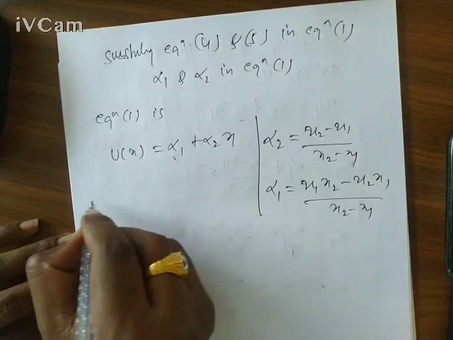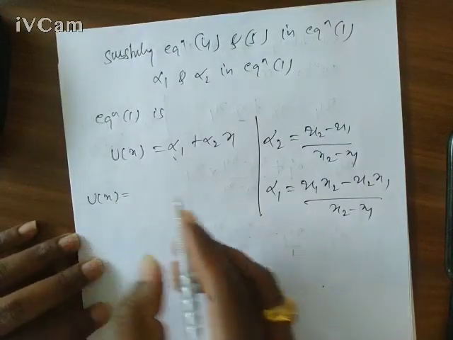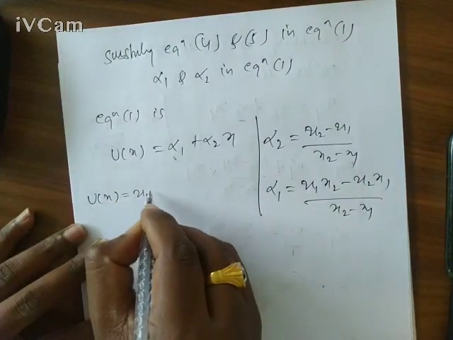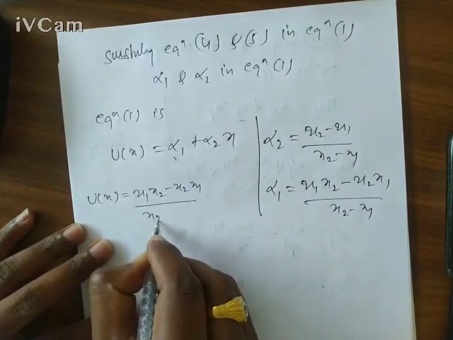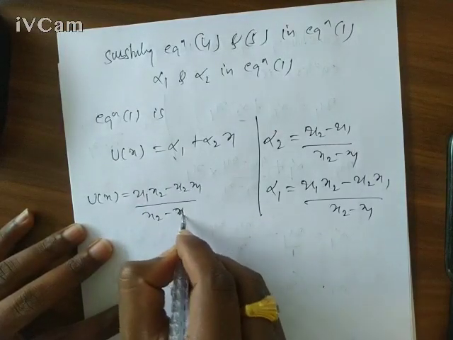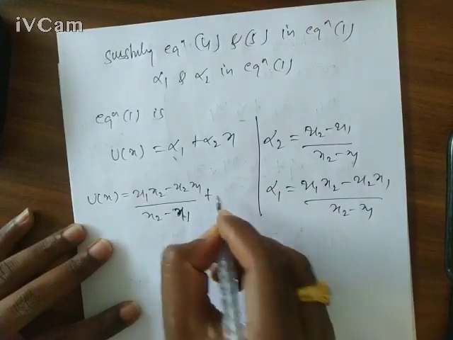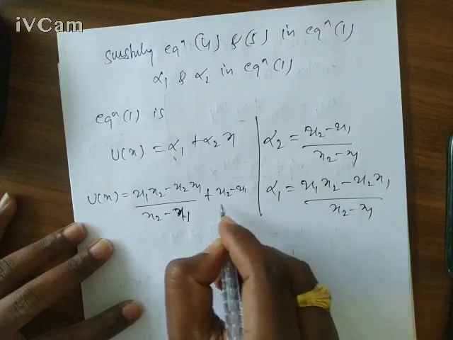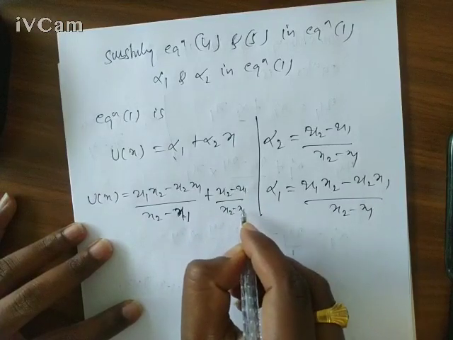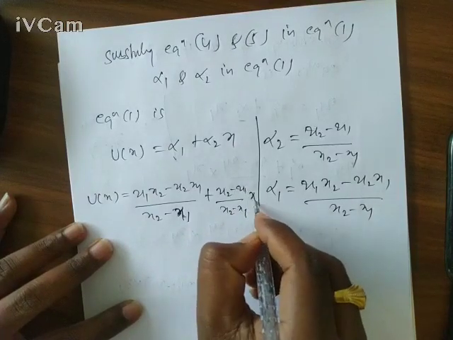So u of x will be u1 x2 minus u2 x1 divided by x2 minus x1, plus u2 minus u1 divided by x2 minus x1 into x.